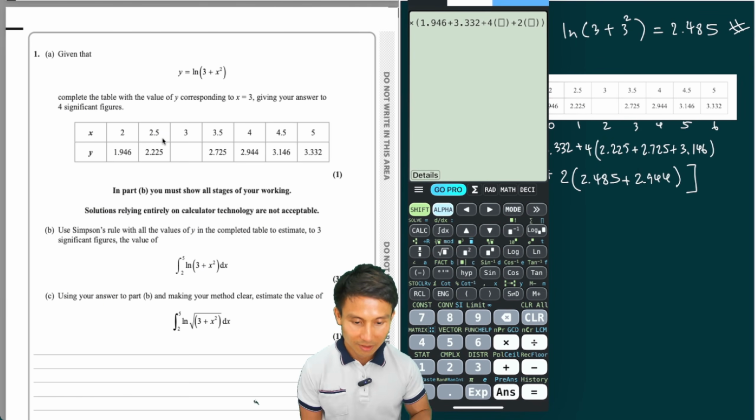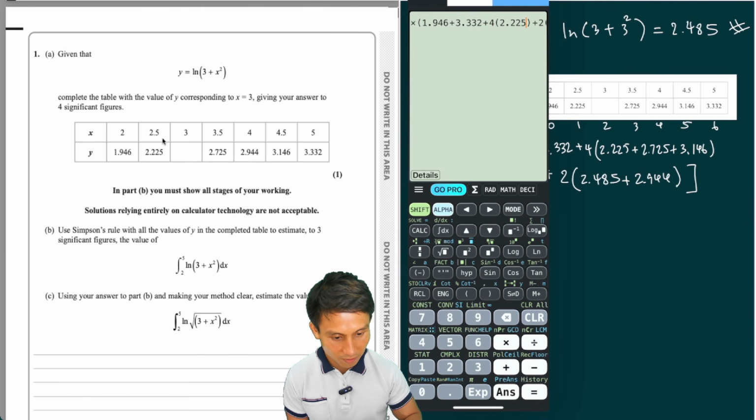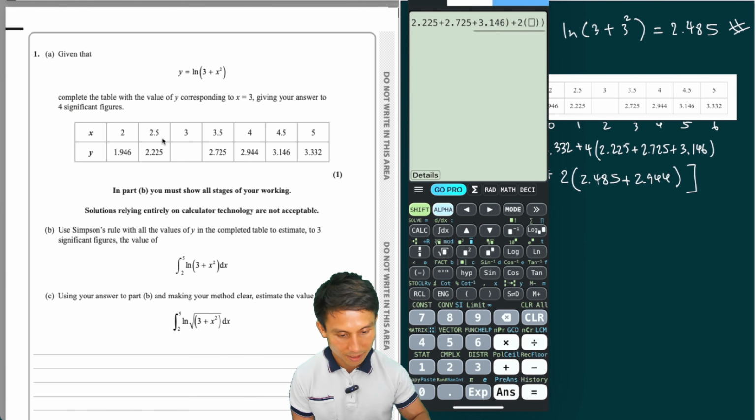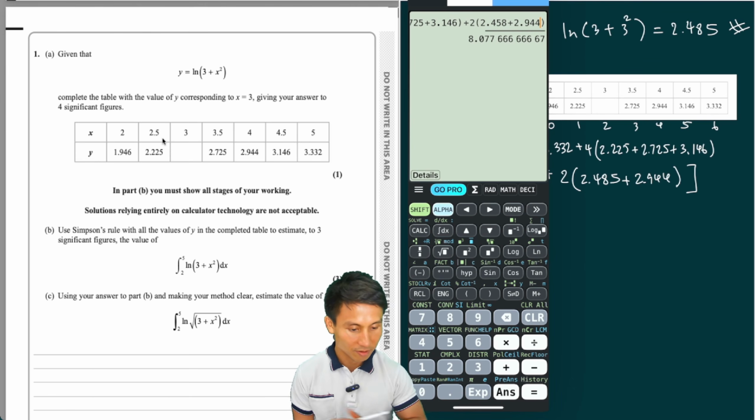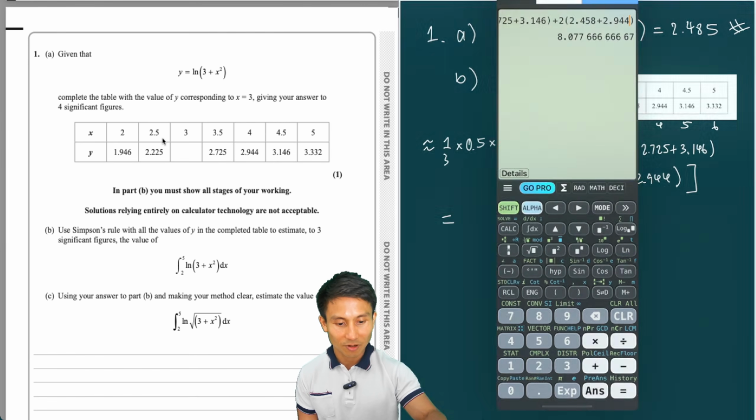So that's just 2.225 plus 2.725 plus 3.146. The other bracket there, 2.458 plus 2.944. Yep, so that's 8.0.